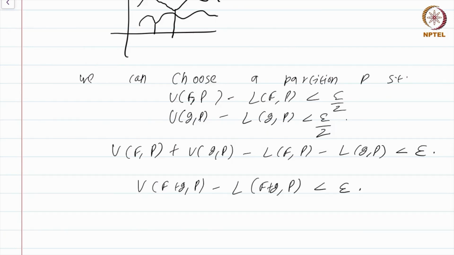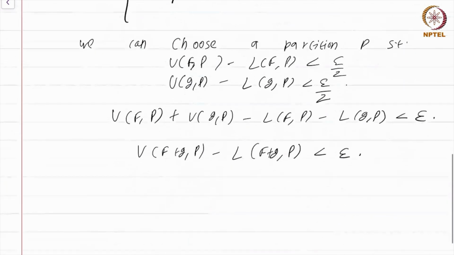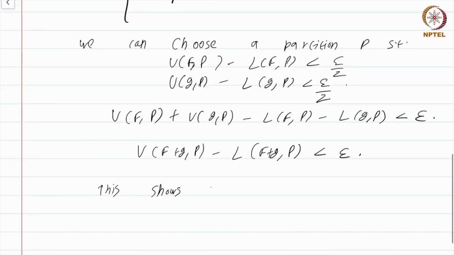Okay, because this inequality is true for the left and right extremes, it has to be true for anything that is sandwiched in between as well. Okay, so this shows that the function f plus g is Riemann integrable.